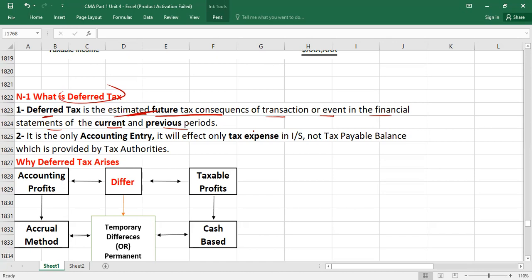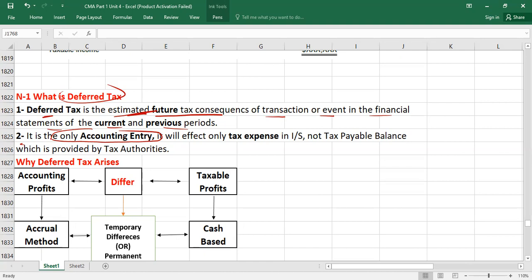Now, one more key point, because this topic is relevant to accounting. I'm not teaching you tax law. Point number 2 that you also need to understand: deferred tax is only an accounting entry, because as accountants we want to show our records, even if some amounts are estimated but close to the accurate value.